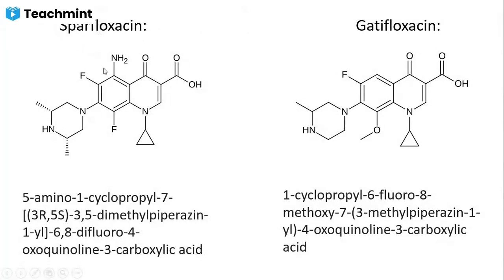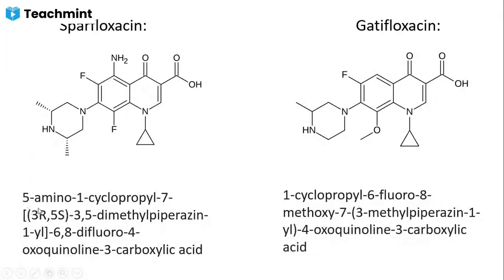Sparfloxacin. Now here I found the amino group. So we'll start the IUPAC nomenclature from the 5 amino. 1, 2, 3, 4, 5. 5 amino, 1 cyclopropyl, then 7 dash 3,5 dimethyl.